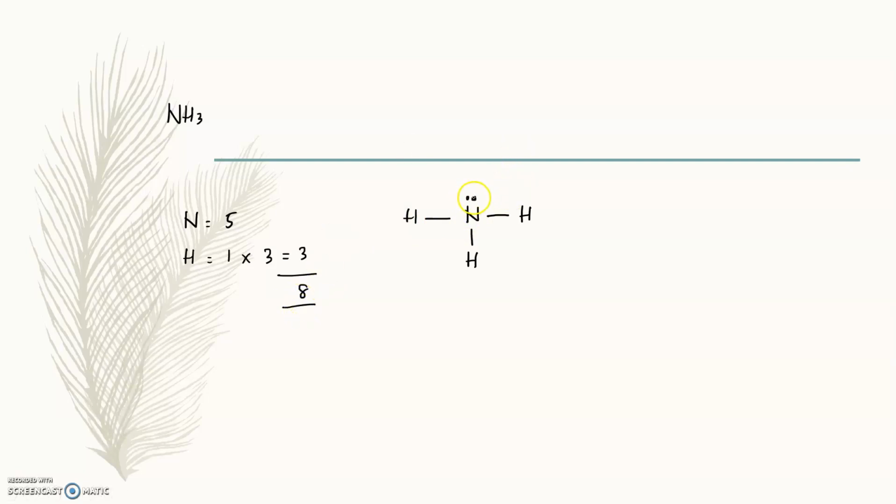So 2 non-bonding electrons are left, 1 lone pair on the nitrogen atom. And then you determine how many atoms are bonded to the central atom. So 1, 2, 3: 3 bonding pairs, or 3 hydrogen atoms bonded to nitrogen, which is the central atom. Is there any lone pair on the central atom? Yes, there is 1 lone pair, right?